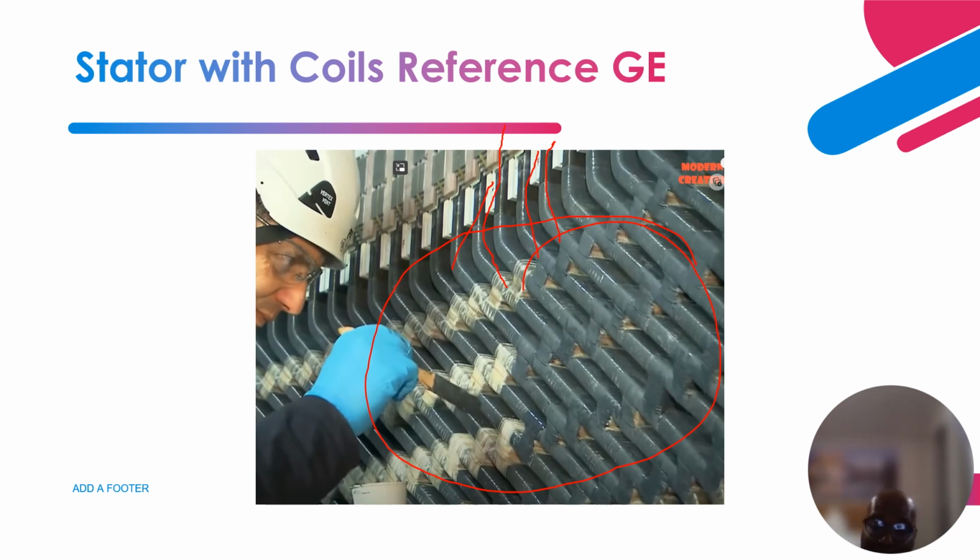You have lashing tapes, they call them lashing tapes, that hold these coils together, and epoxy is added to make it much harder, very solid, and keeps it in place.